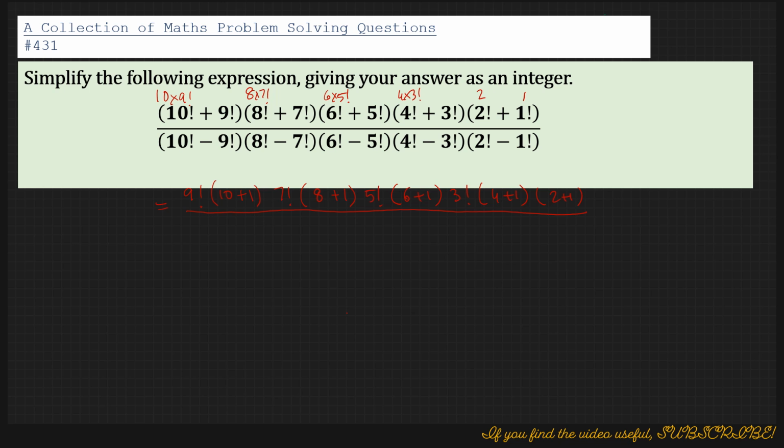And the denominator would be the same thing, just 10 minus 1. So it'll be factorial 9 times 10 minus 1, factorial 7 times 8 minus 1, factorial 5 times 6 minus 1, and factorial 3 times 4 minus 1, and times 2 minus 1.